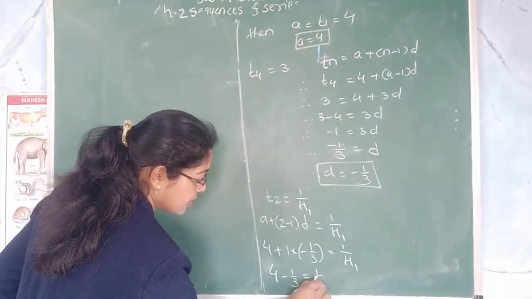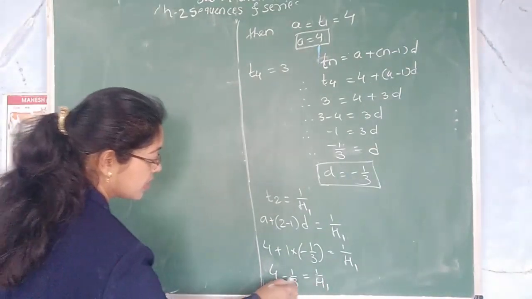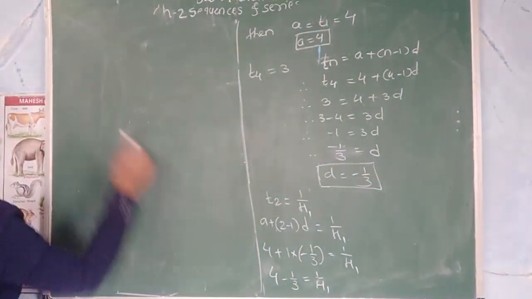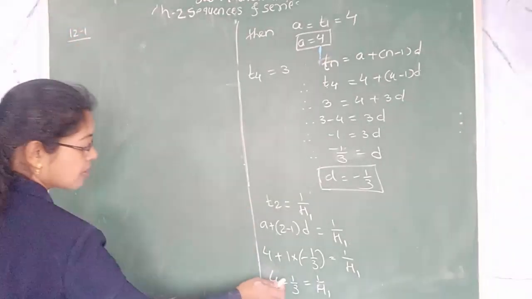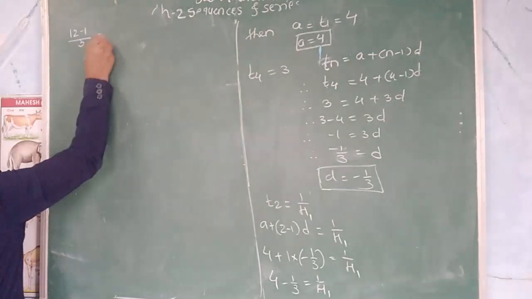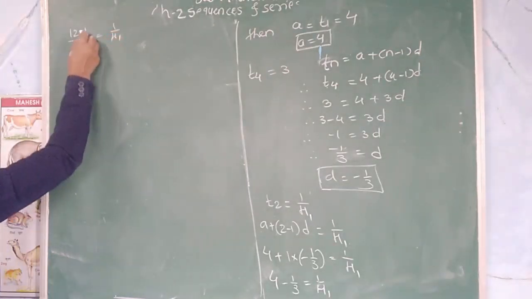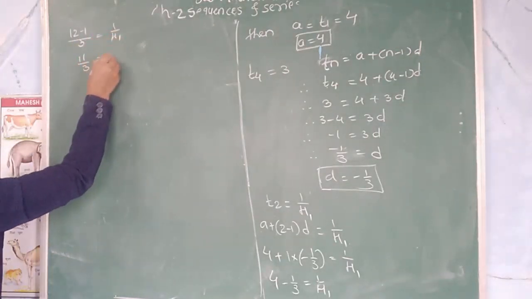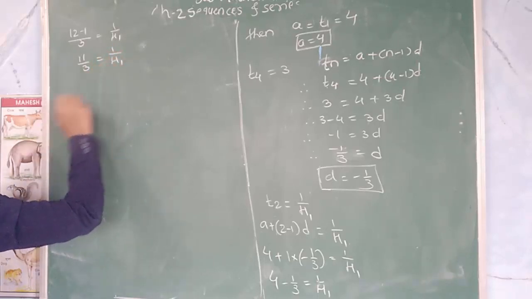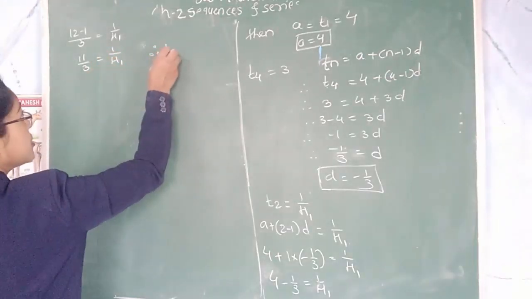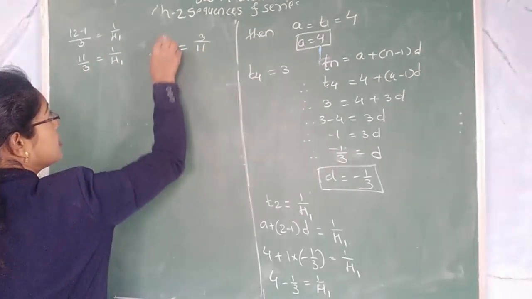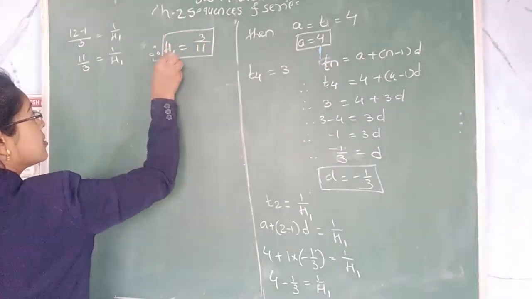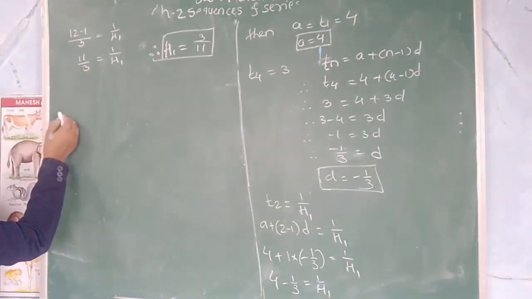We take cross multiplication: 4 into 3 is 12, minus 1, divided by 3, is equal to 1 upon H1. So 11 by 3 is equal to 1 upon H1. So H1 is the reciprocal of this term, which is 3 upon 11. H1 is 3 upon 11.